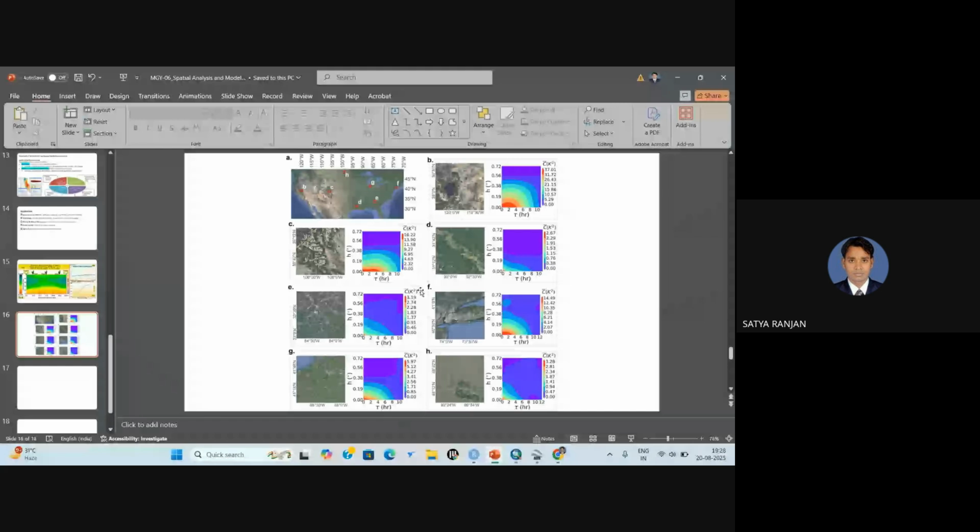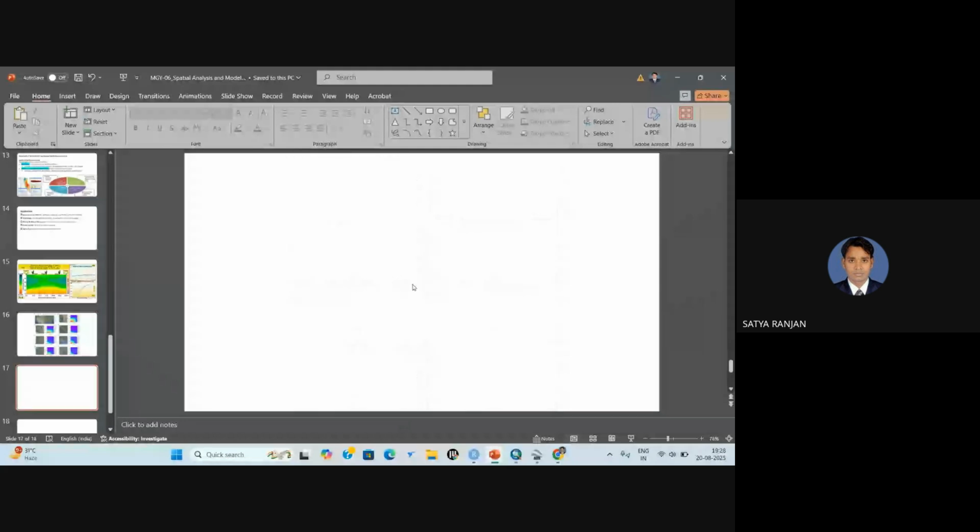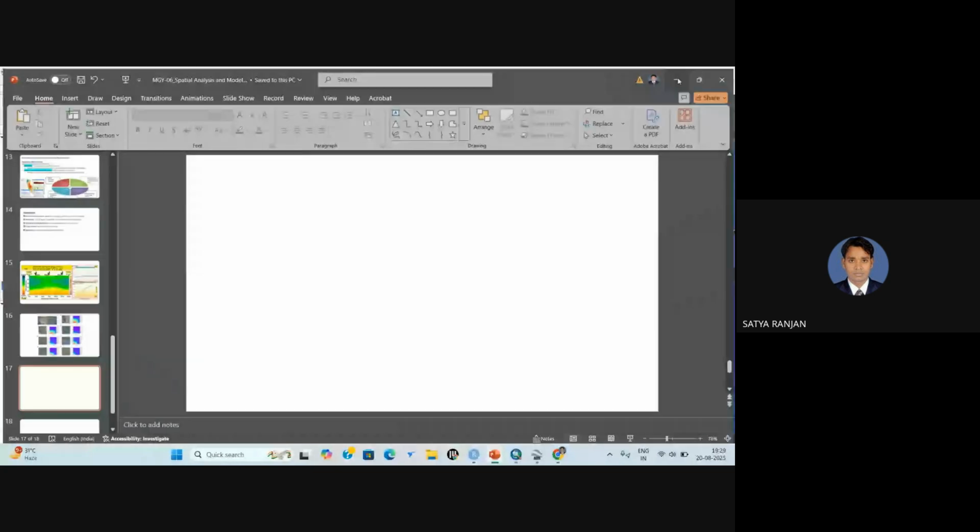You can create different overlay analysis and buffering analysis using all this data. This is all about geostatistics. Now we will check one of our practical sections, supervised and unsupervised classification, which is left.